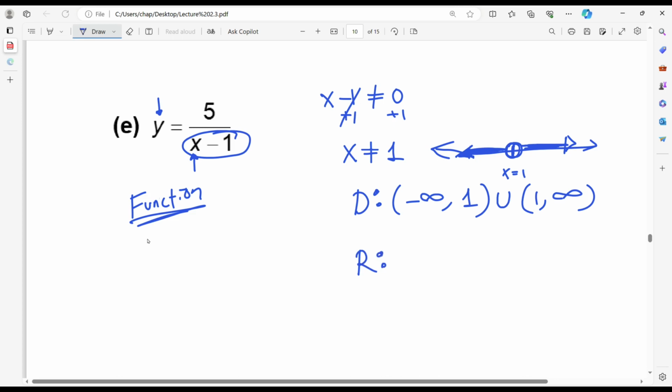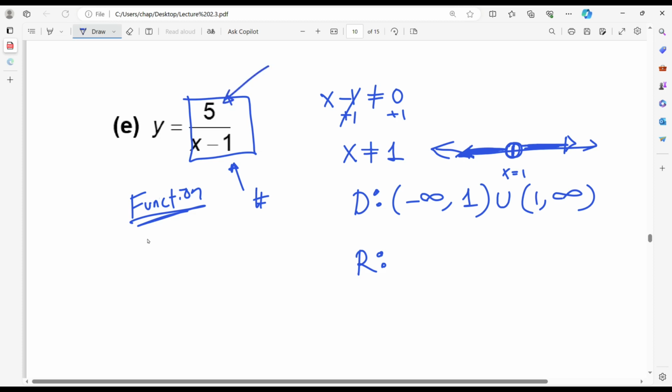What is our range? Well, our range is everything that y can be. So if you look at our equation, y is equivalent to 5 divided by x minus 1. And this thing is simply a number that could be whatever it wants to be, except one value, and that's 0.